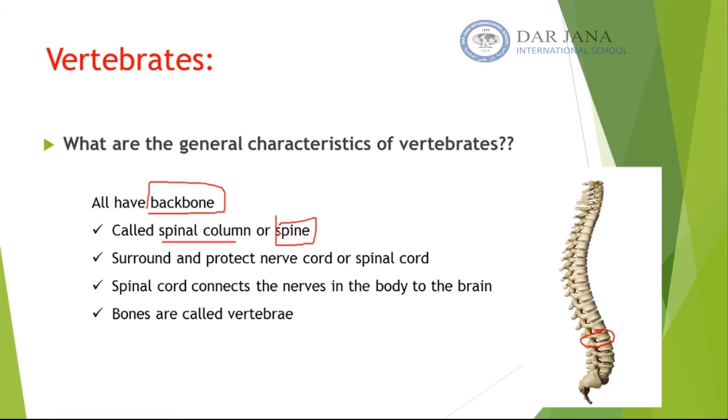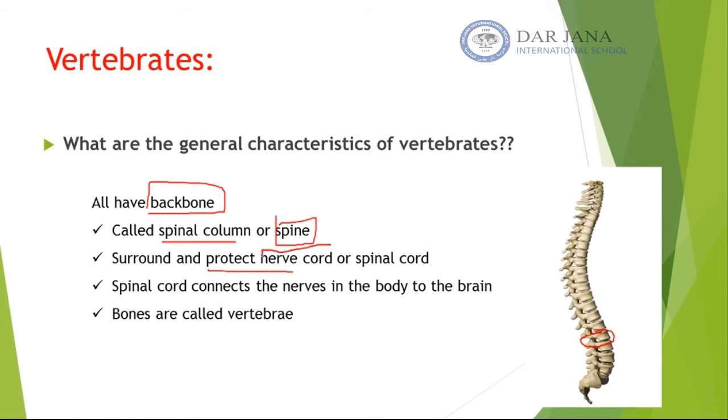If you want to check, you can just put your hand on the back of your neck. Okay, you will feel the bones on the back of your neck, and these are part of your vertebrae. It surrounds and protects the nerve cord.